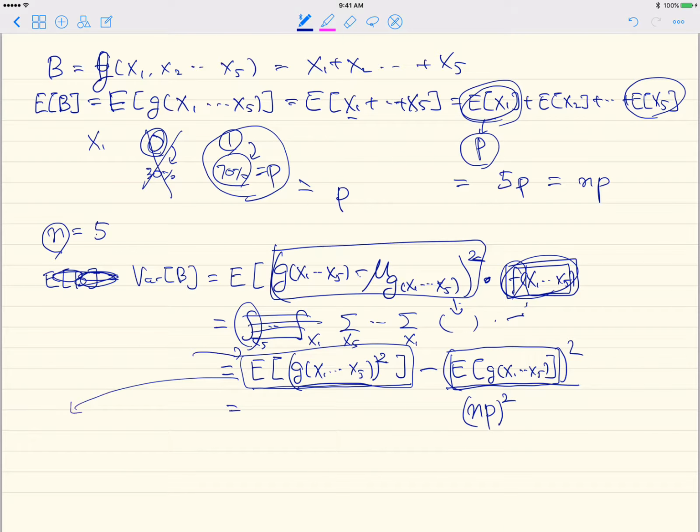In order to compute this, we can rewrite it by plugging in this definition: x1 through x5, squared, right? So we want to compute the expectation of this.